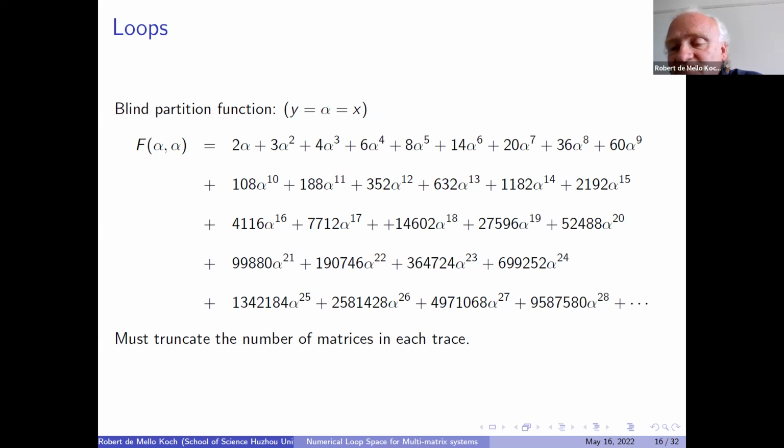If you had a single matrix, it would grow something like e to the square root of n. So it grows extremely rapidly, but for these low numbers of matrices, we're nowhere near that asymptotic growth. Okay. So we're going to be truncating the matrices in each trace.